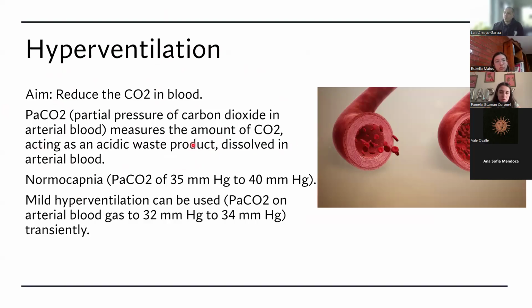The normal pressure of CO2, called normocapnia, is between 35 and 40 millimeters of mercury. If we use hyperventilation, we can bring the CO2 to 32 or 34 millimeters of mercury transiently, because then we need to go back to the same.